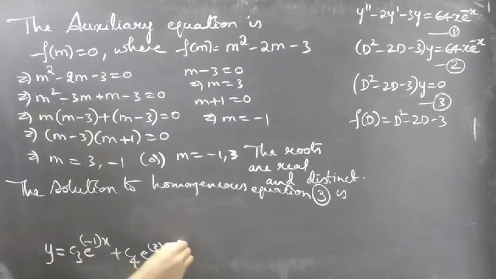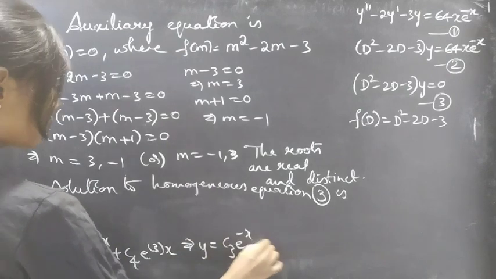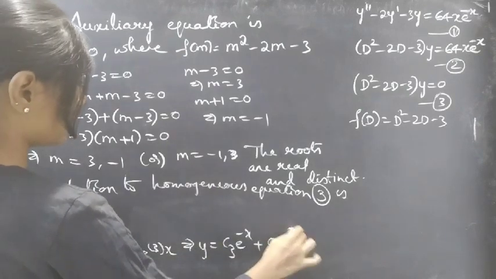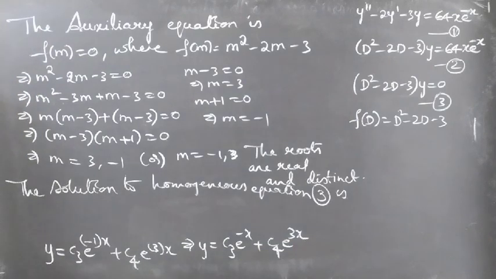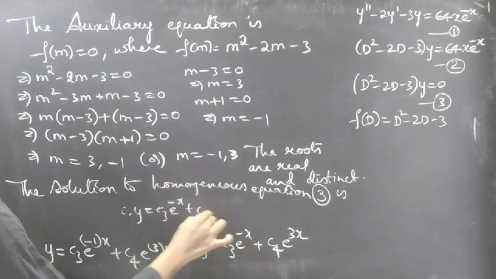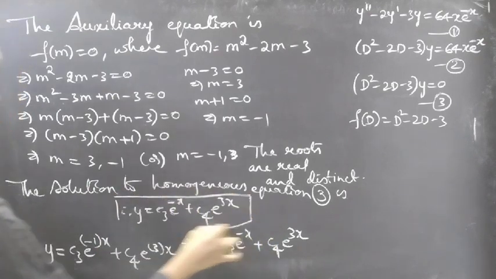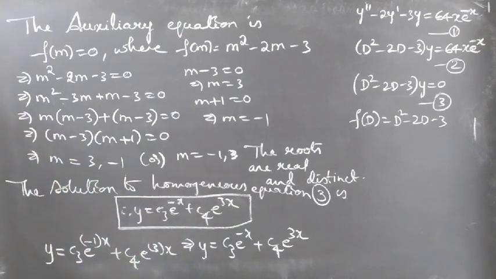Or we can write this as y equal to C3 e power minus x plus C4 e power 3x. Okay, therefore y equal to C3 e power minus x plus C4 e power 3x is a solution to the homogeneous equation.